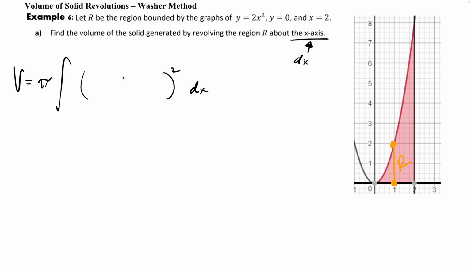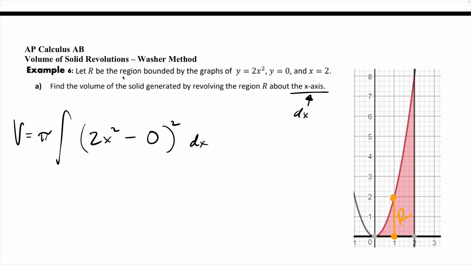So the top dot, which function is the top dot on? Y equals 2x squared. Which function is the bottom dot on? Y equals 0. Okay. Bounds, left bound, x value, right bound, x value. 0 to 2. 0, 2.